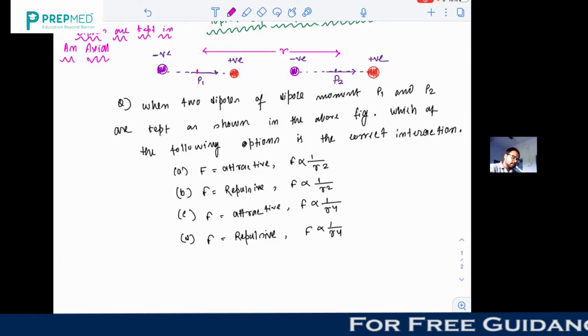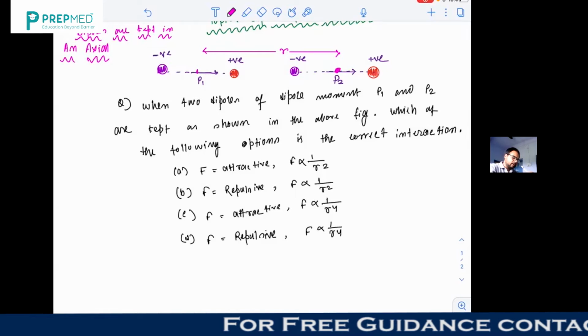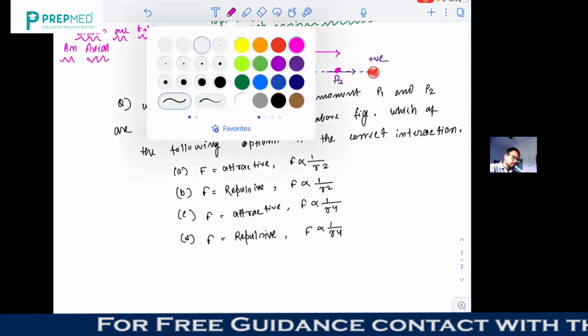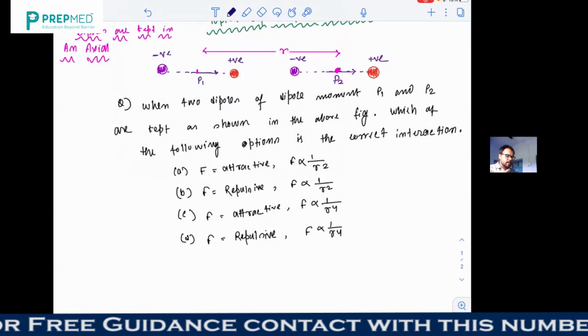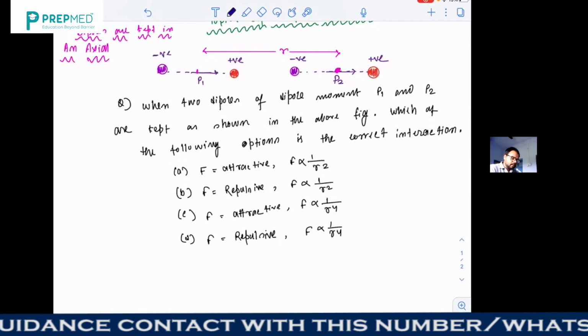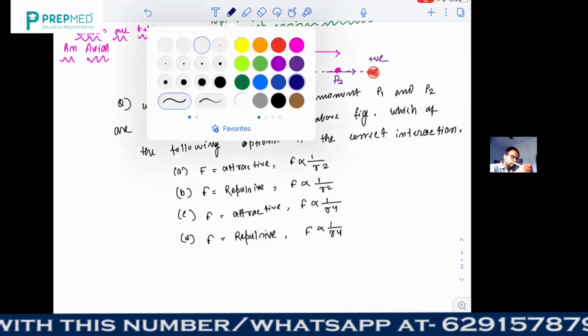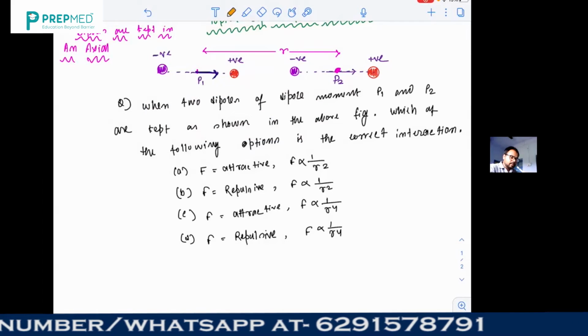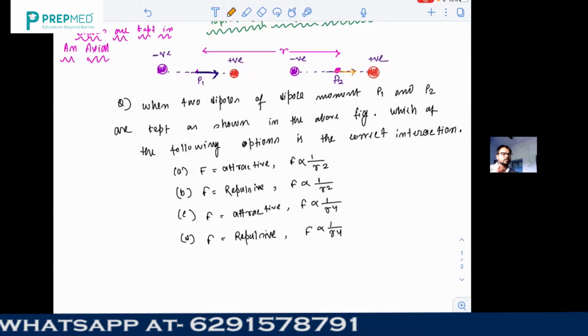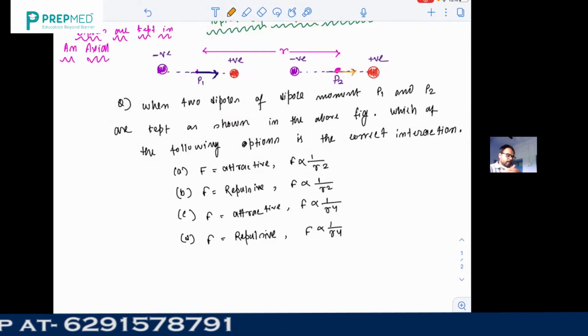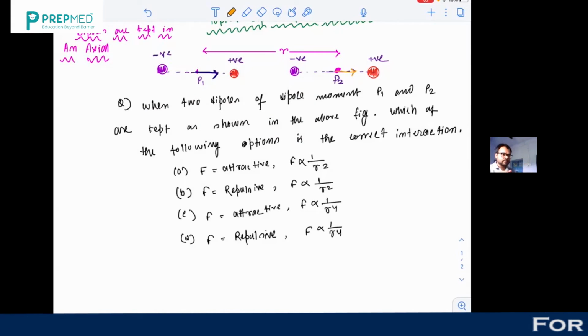With respect to P1, this point is an axial point, and you can see the direction of P1. If the direction of P1 is this, then the electric field at that point will also be along the same direction, as you calculated during the calculation of the electric field due to a dipole. The electric field because of 1 at the position of 2 will be along this direction.